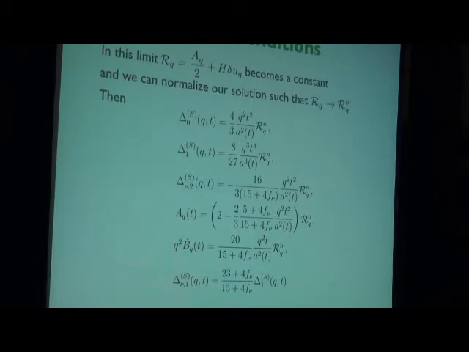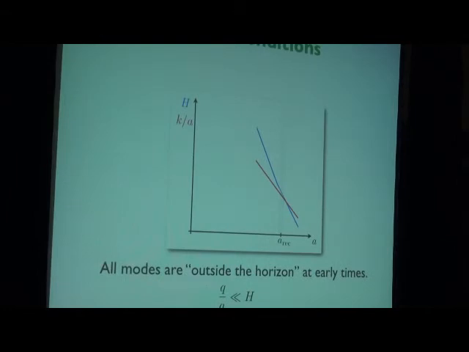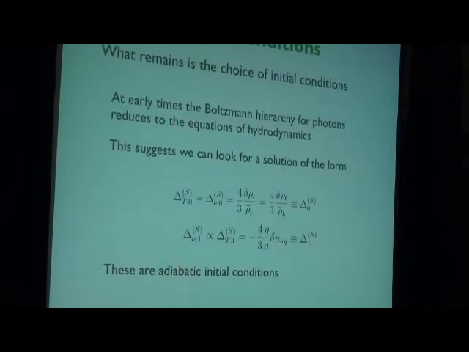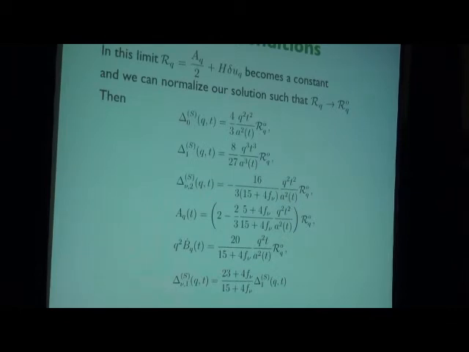So if you make this ansatz and solve the equations far outside the horizon, then this quantity, a plus h delta u, where you can really plug in any of the delta u's because they're all proportional to each other, becomes a constant. In particular, we can call this constant R0 sub q. Then you can solve the system of equations in terms of k over aH, and you get solutions that look like this.